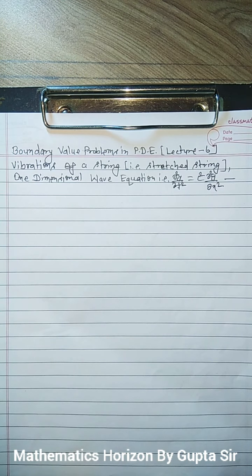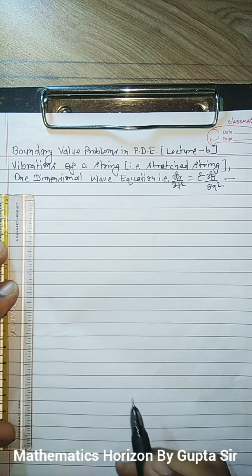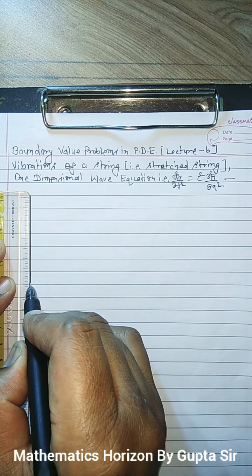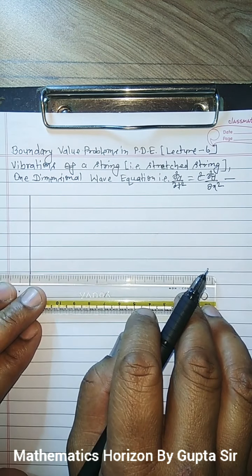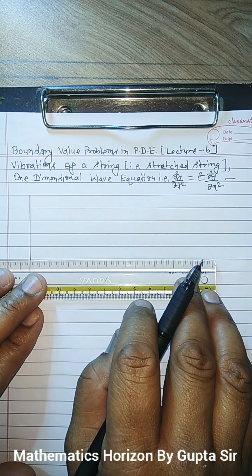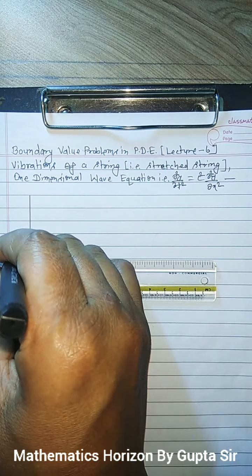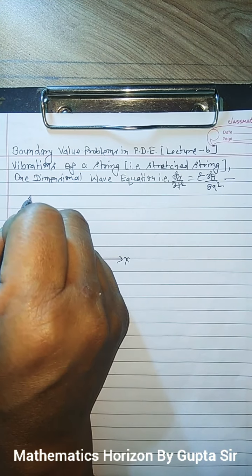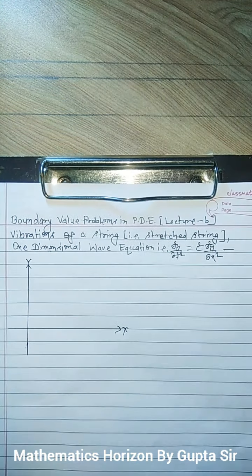Now let us consider a uniform elastic string of length L which is stressed tightly between 2 points O and A. Suppose this is the x-axis, this is the y-axis.